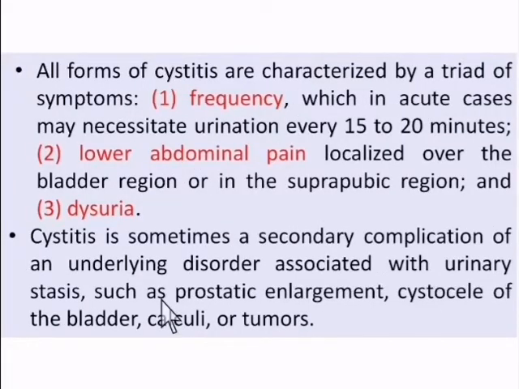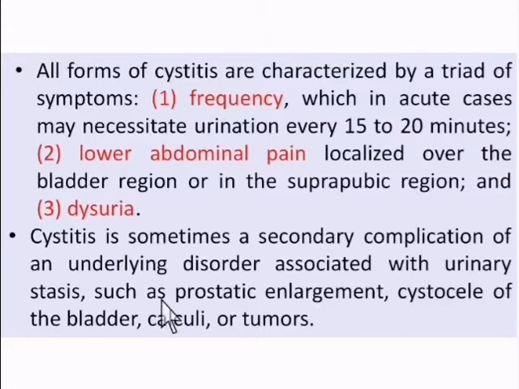The presentation of UTI أو cystitis usually is frequency, يعني increased necessity for urination. Number 2, lower abdominal pain. And number 3, dysuria, يعني burning micturition. And even the patient can be asymptomatic.